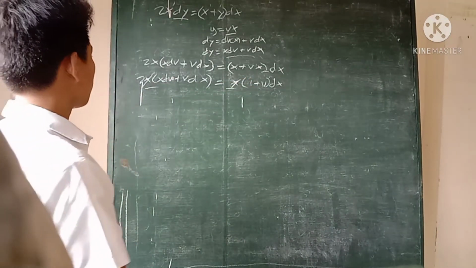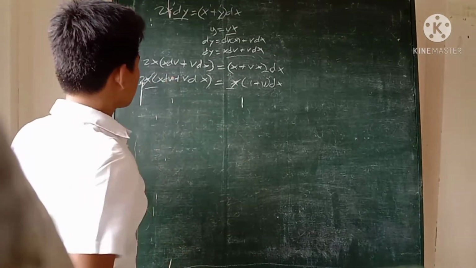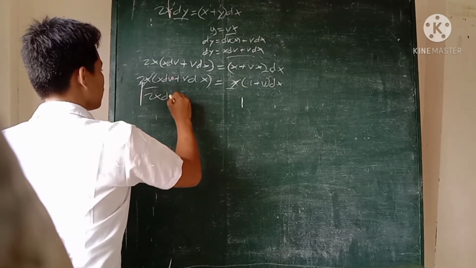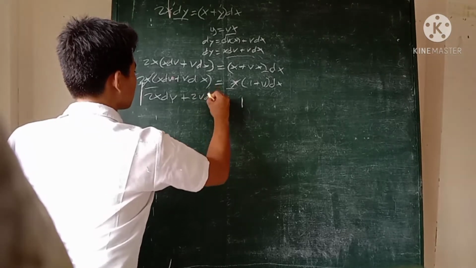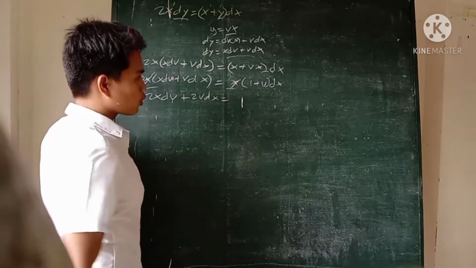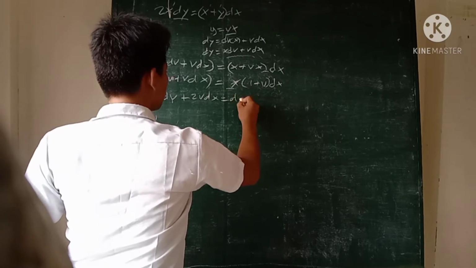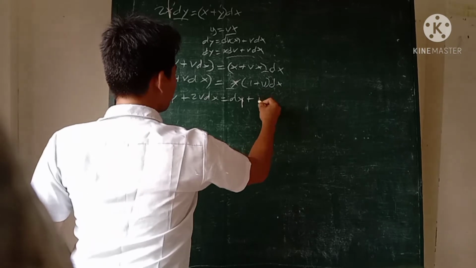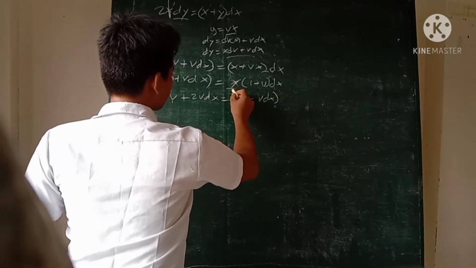Then distribute this into 2 times x dv plus v dx. So 2x dv plus 2 times v dx equals, distribute also the dx, dx times 1 is dx, plus dx times v equals v dx.